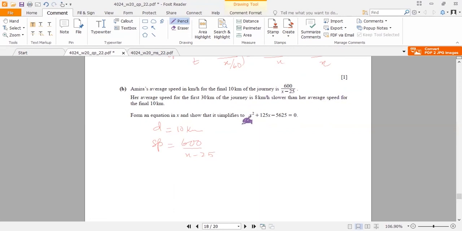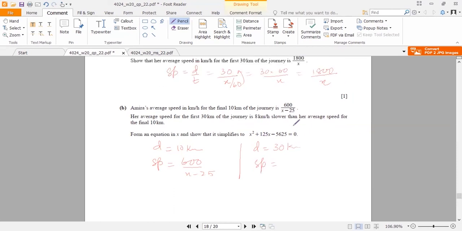For the first 30 kilometers, the speed is, as we see above, 1800 upon x. It means that when we subtract these speeds, the difference is 8 kilometers.